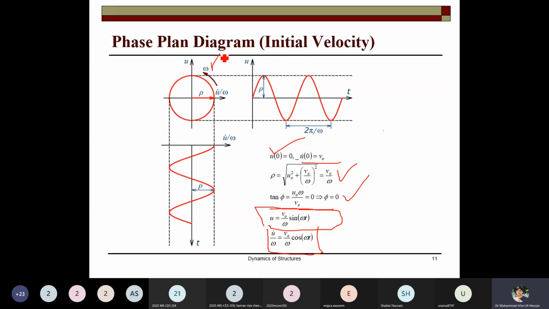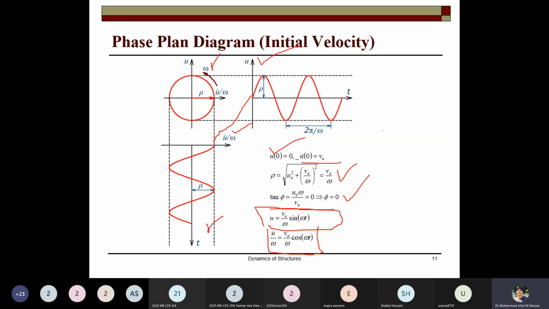You can plot U versus t and U dot versus t. So all these values can be plotted and you can see the behavior of the system, because the velocity was not zero and the displacement was zero. Here you see the displacement is zero, but at the same time the velocity is present.